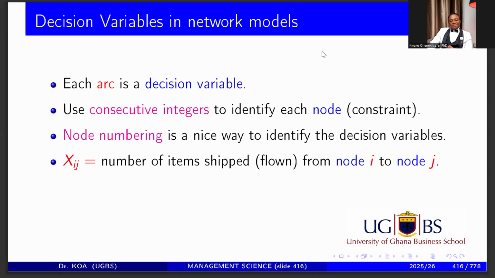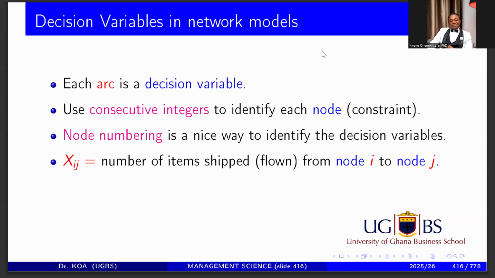Now, we are going to take integer programming. Because of the nature of the decision variable, unlike the normal linear programming, the decision variable is defined as the number of items transported from the supply node to a demand node, or basically the number of items transported from node i to node j.